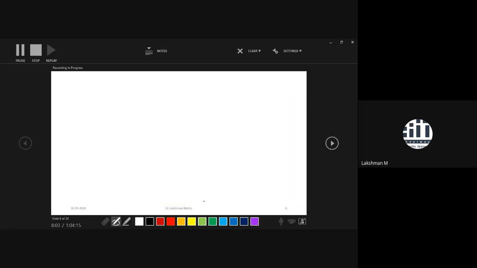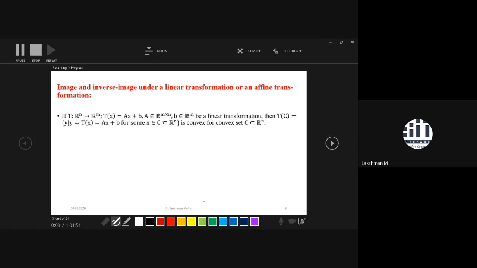Now, further, I would like to say that a linear transformation always preserves convexity. Suppose you have a transformation from Rn to Rm defined by Ax plus B, where A is the matrix of the transformation. Take any subset from the domain space and find the collection of images.